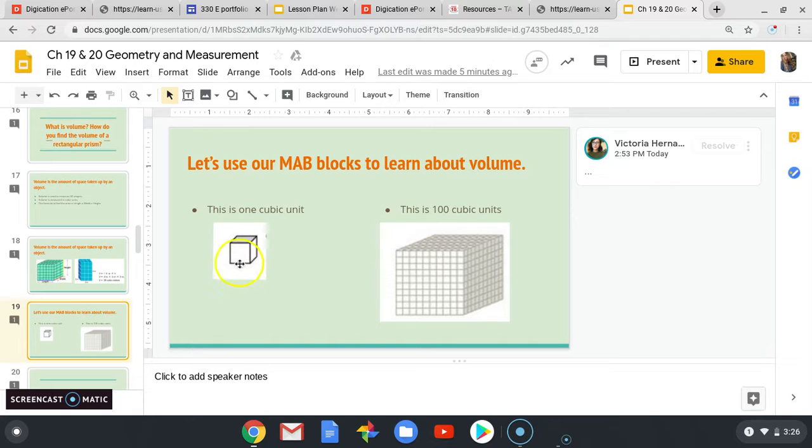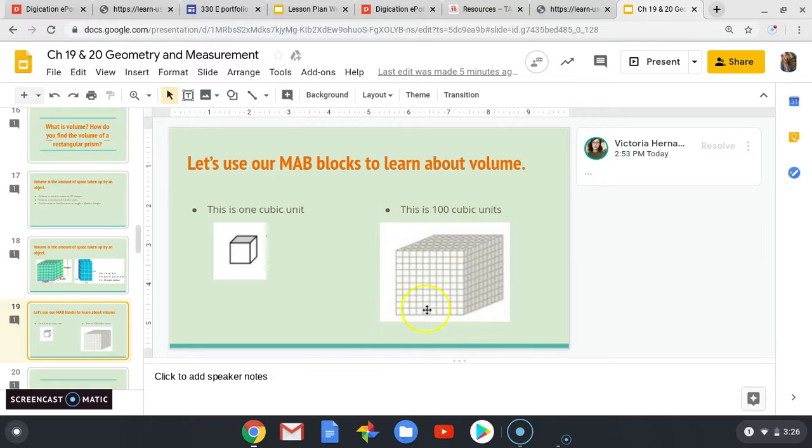Right here on the left, we can use our base ten blocks to learn about volume. Right here is 1 cubic unit, just 1. But the volume gets a little bit bigger when you see 100 cubic units together. And it can look a little overwhelming how you're going to try and solve this.